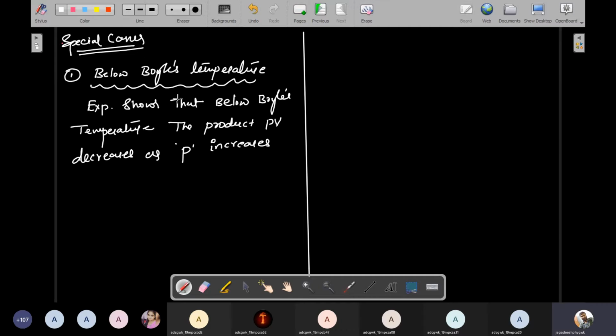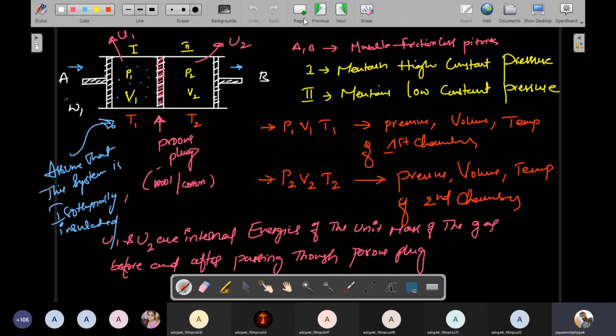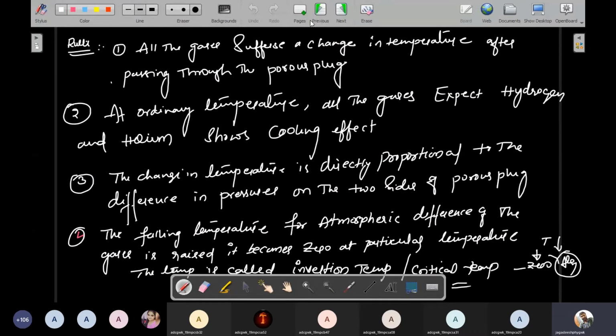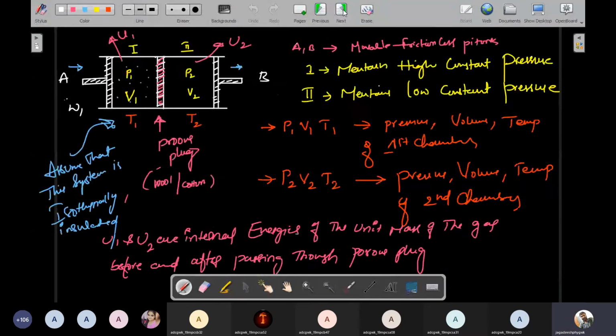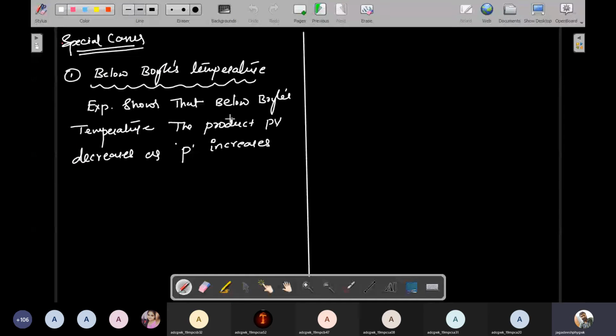Okay, so at below boil temperature, the Joule-Kelvin effect shows the product PV decreases as P increases. Initially the pressure P is increasing, then the product PV is decreasing. This is what the experiment shows at below boil temperature.